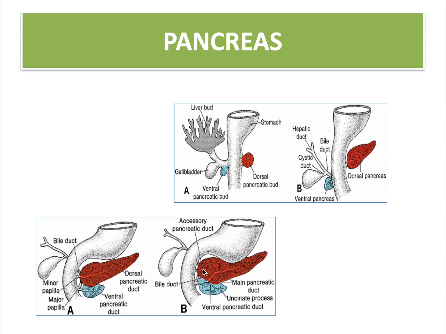The main pancreatic duct, together with the bile duct, enters the duodenum at the site of the major papilla. The entrance of the accessory duct, when present, is at the site of the minor papilla. In 10% of the cases, the duct system fails to fuse and the original double system persists.